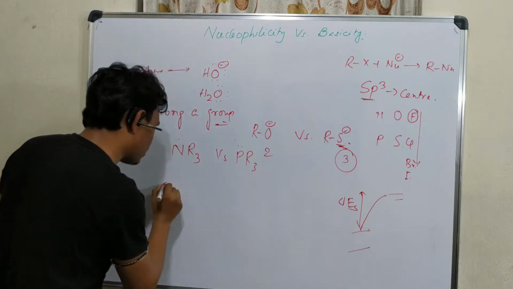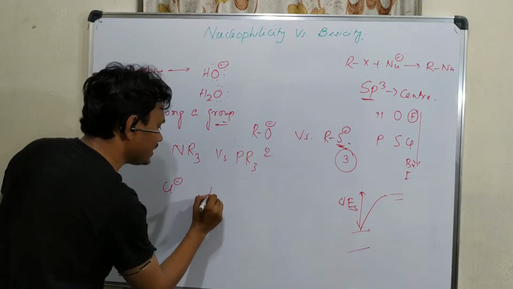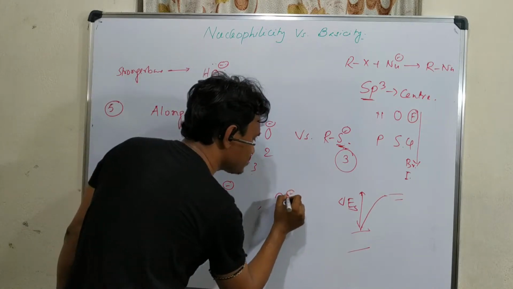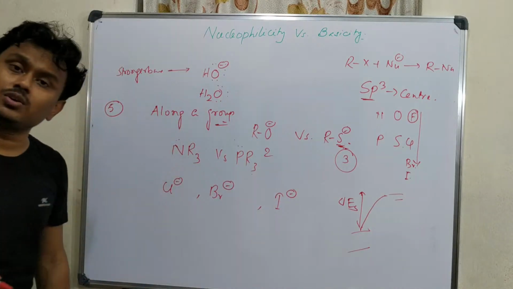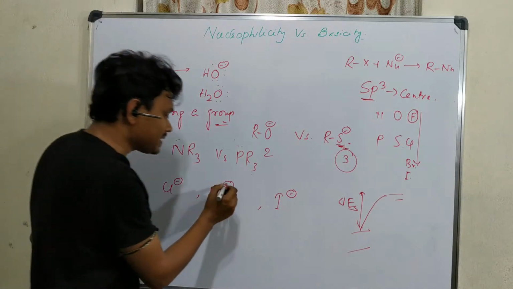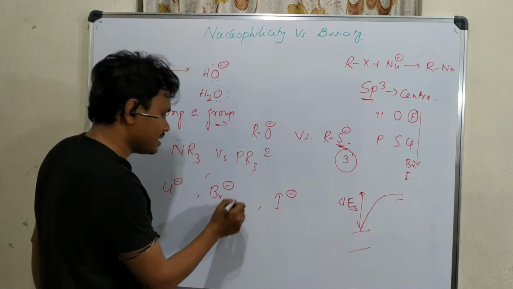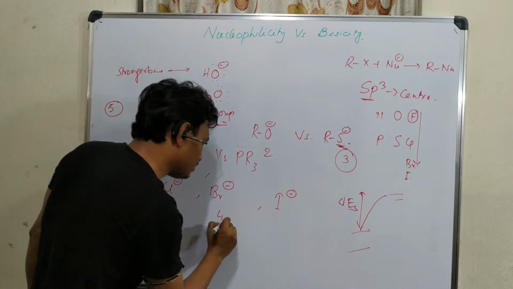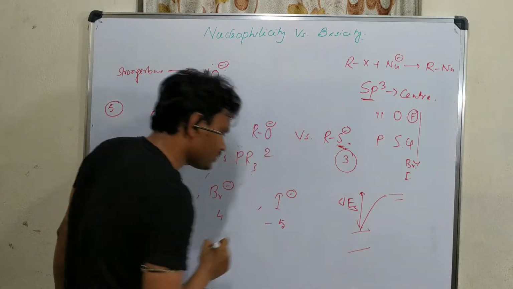But if we check chloride, bromide versus iodide, what happens? We know iodide and bromide are very good leaving groups because the negative charge is on a bigger atom; chlorine is third row, bromine fourth, iodine fifth row.